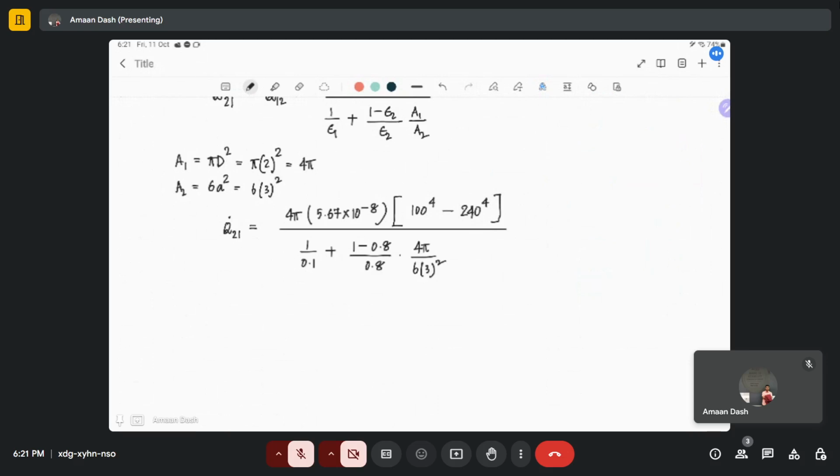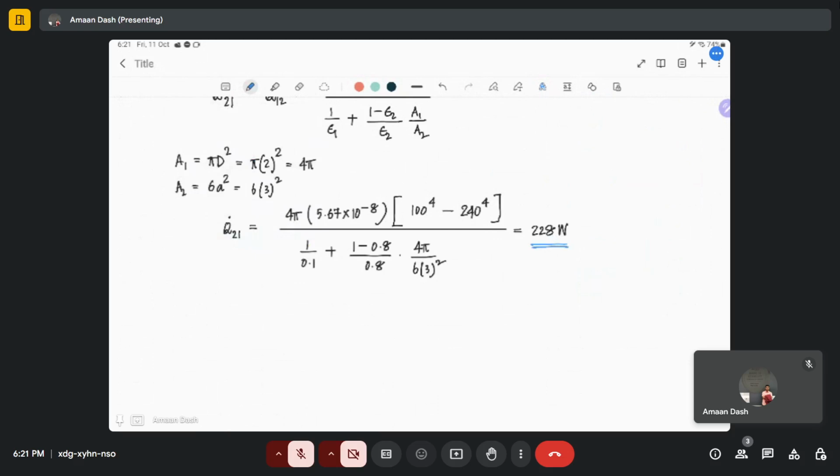So we have pi d square, that is equal to pi. We have diameter given to be 2 meters. So 2 square. So we can write 4 pi.